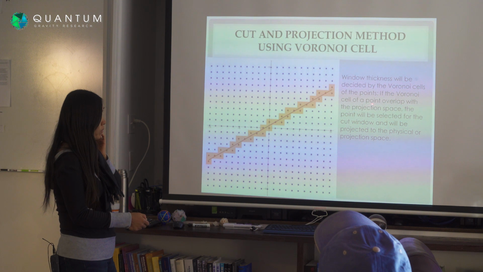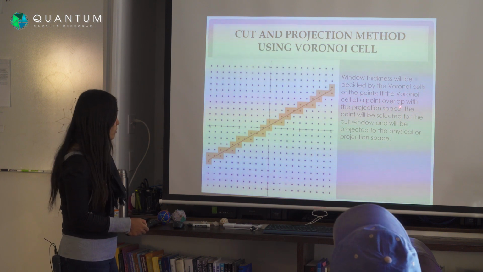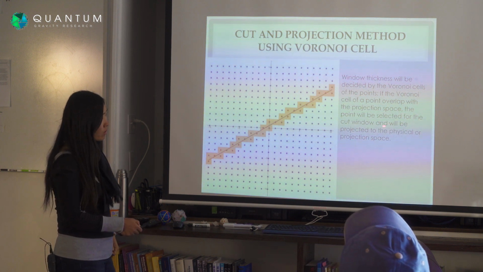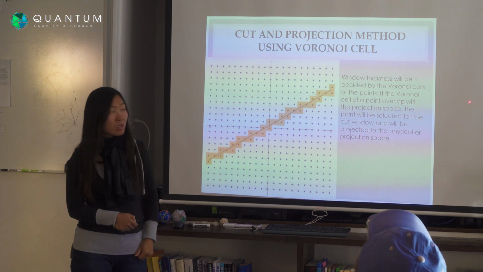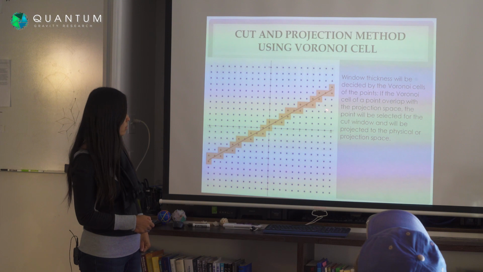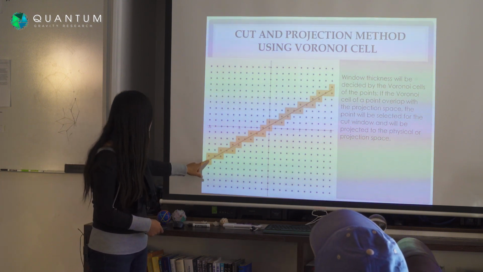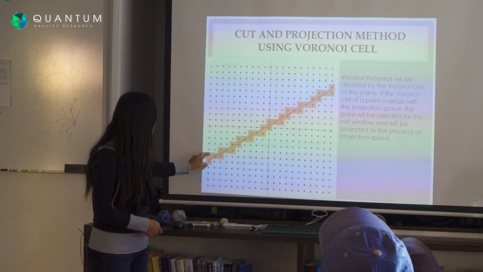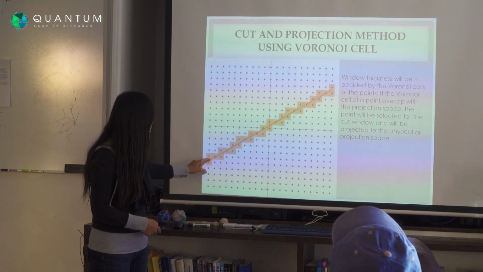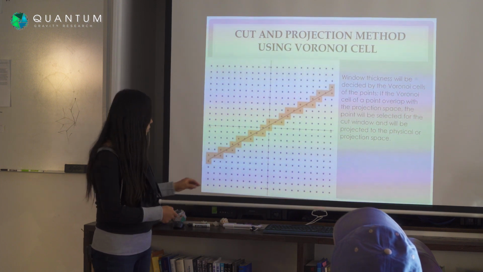If the Voronoi cell of a point overlaps or intersects, I don't know what's the best word, with the projection space, the point will be selected for the cut window and will be projected to the physical space or the projection space. These orange parts are the Voronoi cell of this point, and this is the Voronoi cell of that point, so I colored them that way.